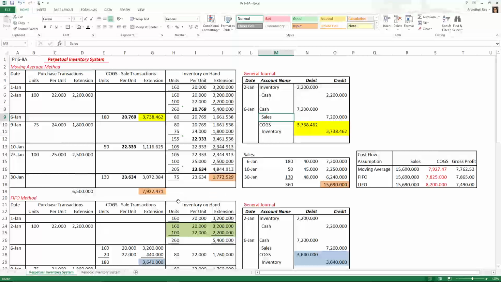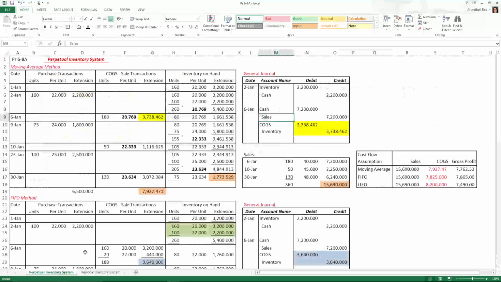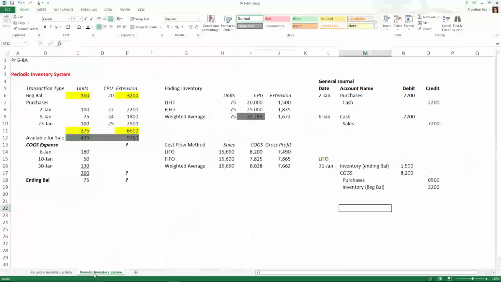Both those factors are in play. At some point when computers were expensive, large companies could afford them, but they weren't user-friendly. Now the software has become so user-friendly that almost no one uses a periodic inventory system. The perpetual inventory system is the richer system in terms of information for decision making.